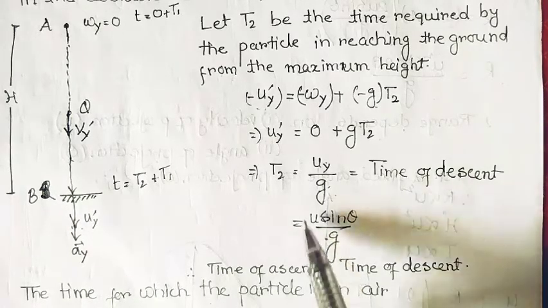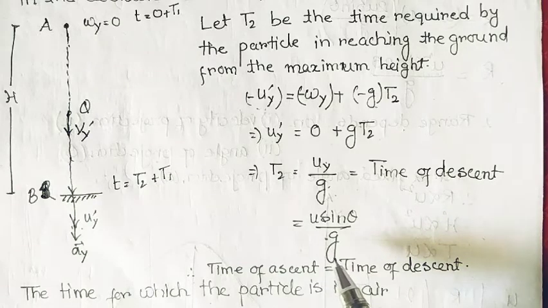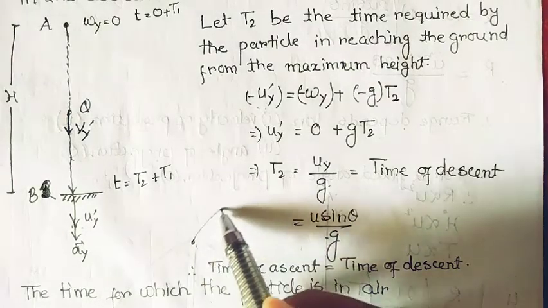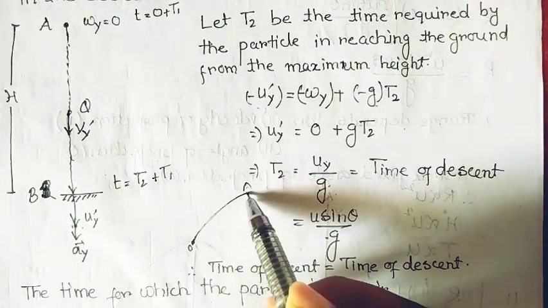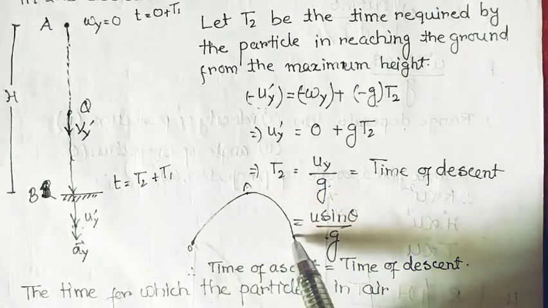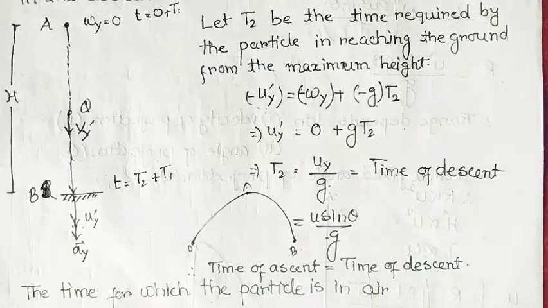So from this expression it is clear that this is u sin theta by g. We have seen this expression before in the case of the time of ascent. So the time taken by the particle to reach from the point O to capital A is u sin theta by g, and again in returning back it takes the time u sin theta by g.